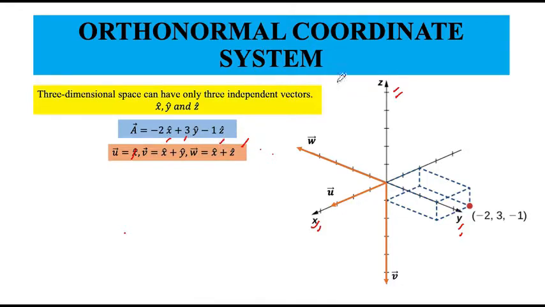If I draw them, this is what they look like, these orange color vectors. I have a coordinate system: this is x, this is y, this is z. My vector u is this one, my vector v is this one, and my vector w is this one. I have drawn a square this way.